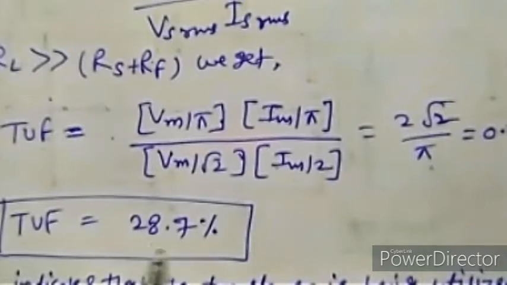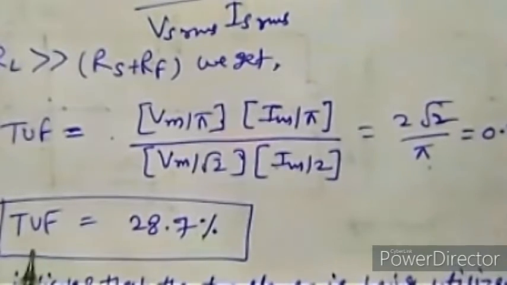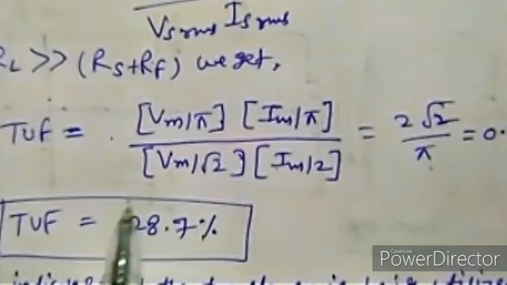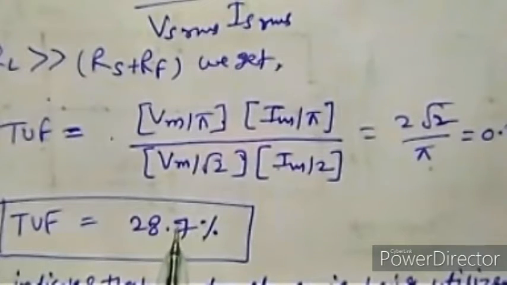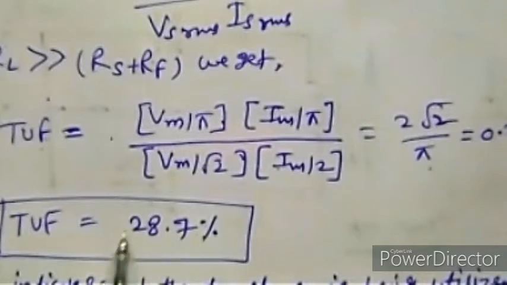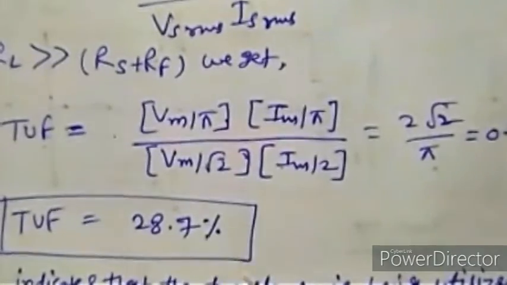An ideal value is 100%, but practically it should be as high as possible. The higher it is, the more efficiently the transformer is utilized in the rectifier.